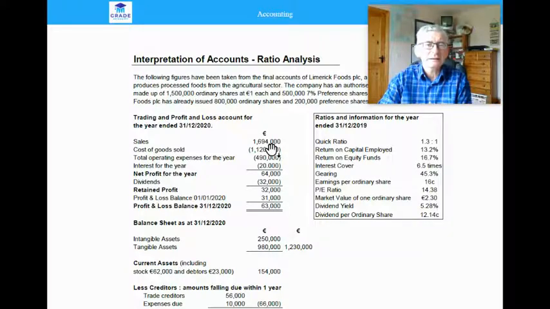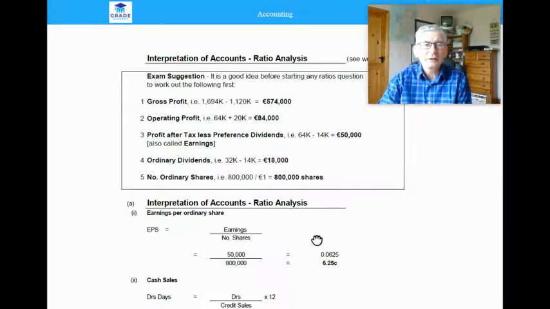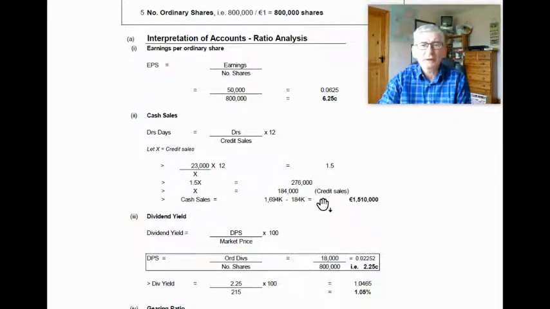Our total sales are 1,694,000, and that's always made up of cash and credit sales. So if we know that our credit sales are 184, our cash sales are 1694 minus the 184, and that gives you 1,510,000 euro. And don't forget to put in the euro sign. And likewise, don't forget to put in the C for cent in Part 1.